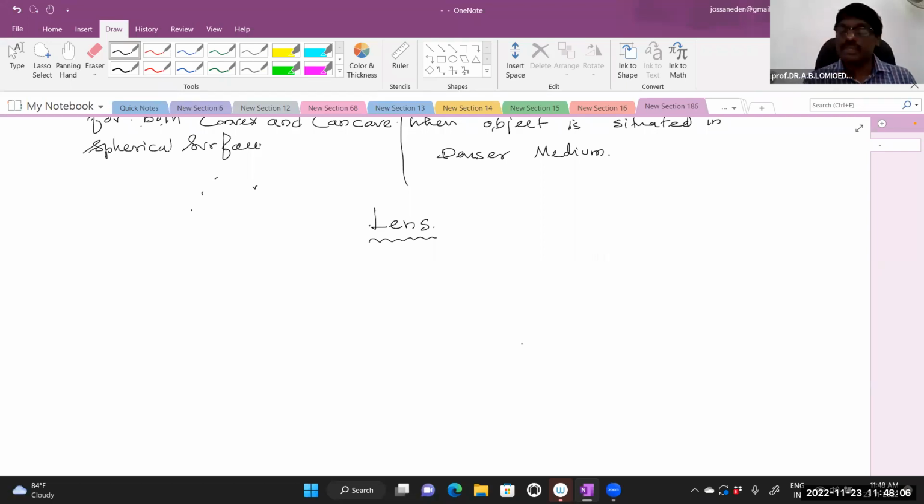I repeat that definition. A lens is a portion of transparent refracting medium bounded by either two spherical surfaces or one. That is called the lens.